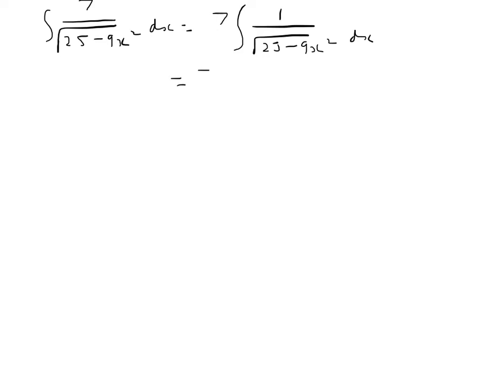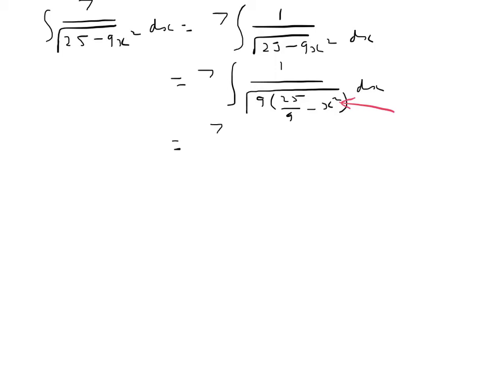However, our rule is a squared minus x squared. So what I'm going to do here is take out the 9, not completely yet, and that leaves me 25 over 9 minus x squared dx.